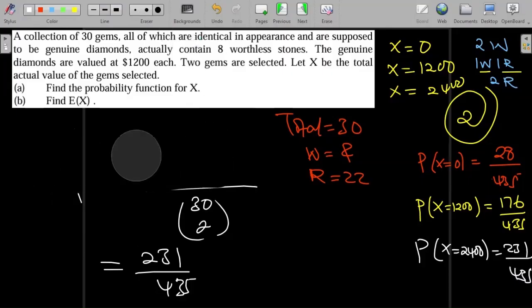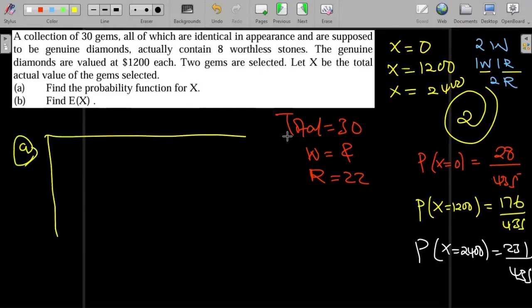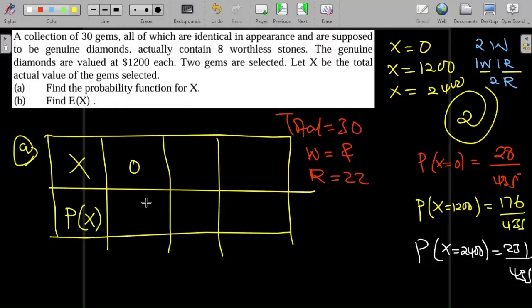So now we can draw our distribution, our probability function of x. We draw a table here, and we put the x values and their probability. Here I'm going to put x, and here the probability of x. If x is 0, then the probability we found was 28 over 435.